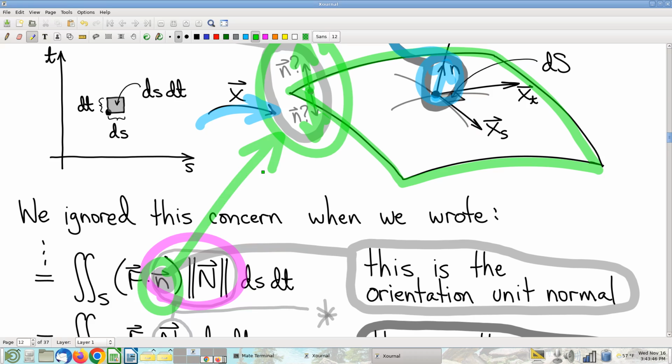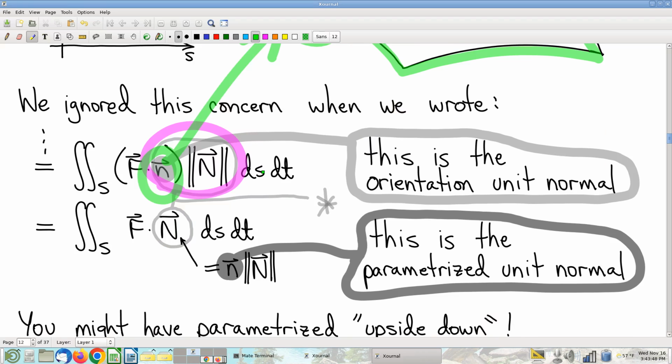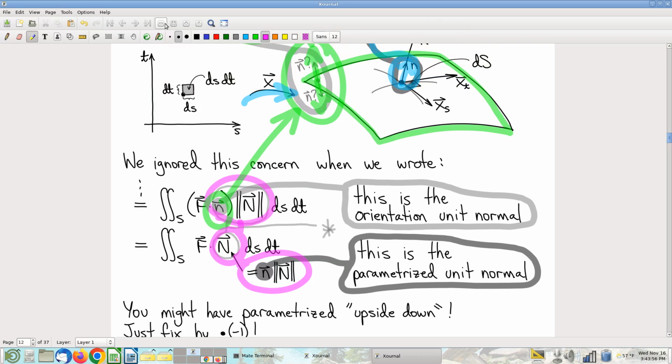And when I then just assert that this product is equal to the normal vector, keep in mind the normal vector points in the direction of the parameterized unit normal, which is not necessarily the same as the orientation unit normal. So this was the problem.